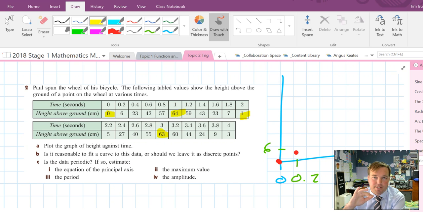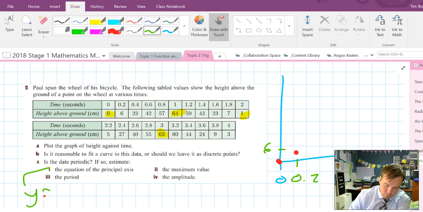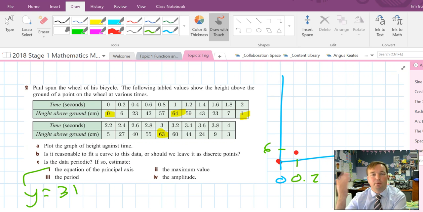Anywhere between 62, 63, 64 gets you the mark. And the equation of the principal axis is going to be halfway between the minimum and the maximum, between 0 and 64. And it's an equation, so we're thinking here that would be y is equal to 31. That there is 0 plus 62 divided by 2.